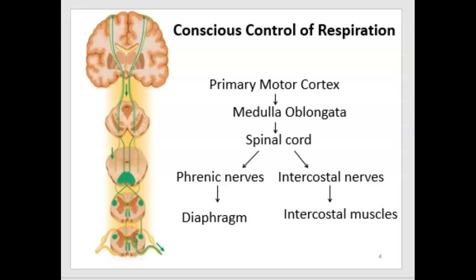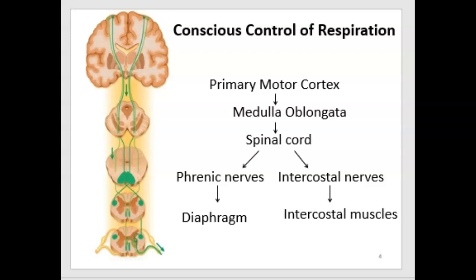Now, we can consciously control respiration, especially since these muscles are skeletal muscles and those are somatic motor neurons. I think you would suspect that, and you're human, so you know you can control how fast and how often you breathe.